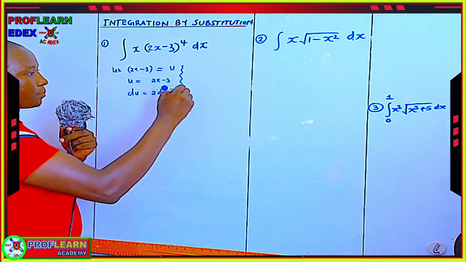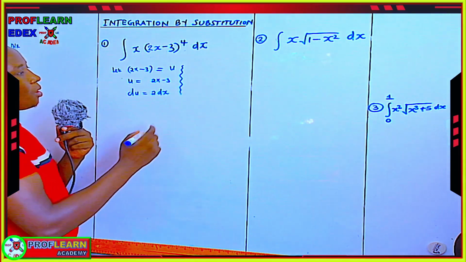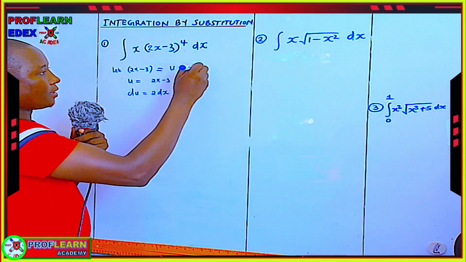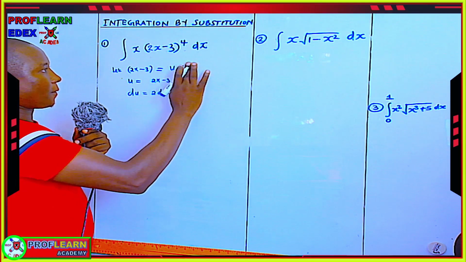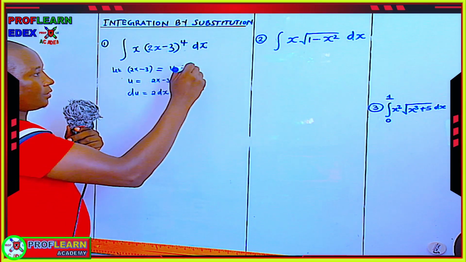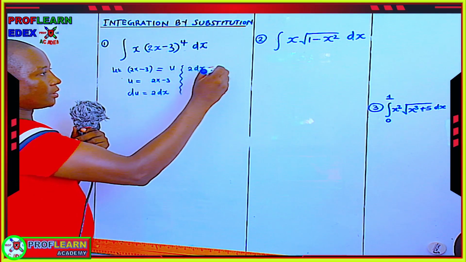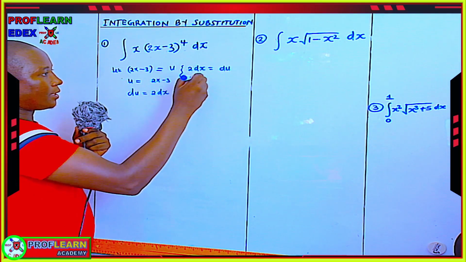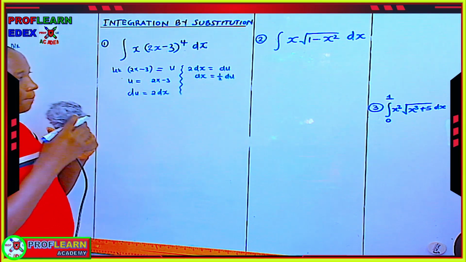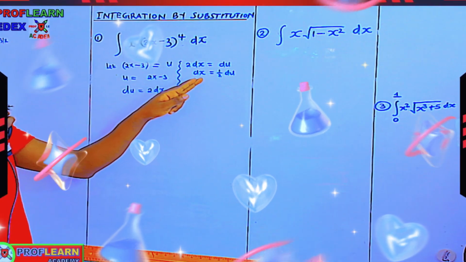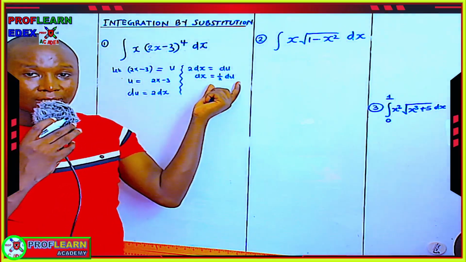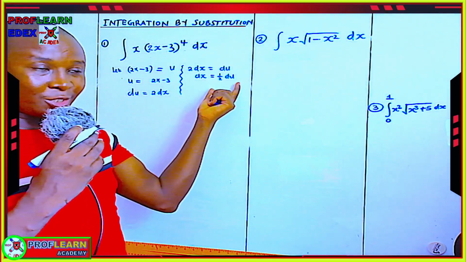So with this expression we can say 2 dx is equal to du. Then dx is going to be 1 over 2 du, meaning that anywhere we have dx, we can replace that with 1 over 2 du.